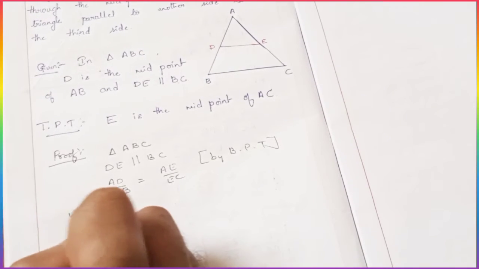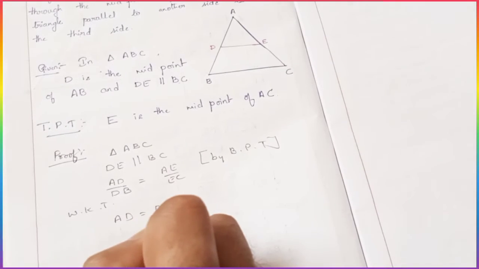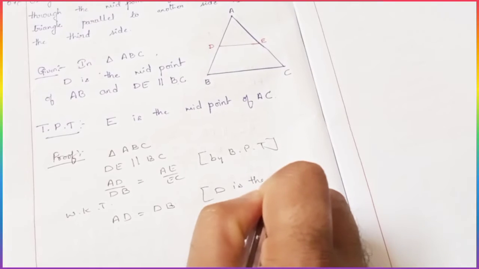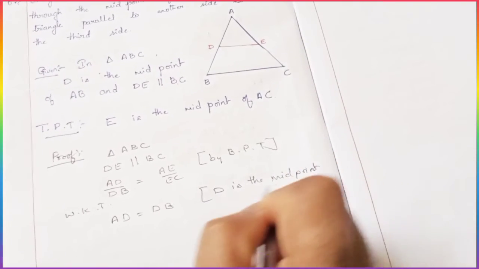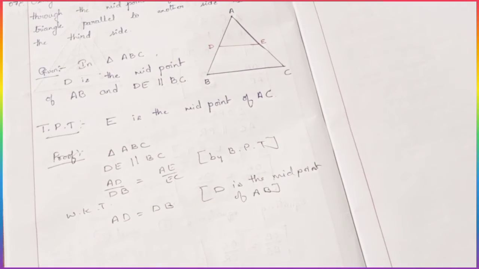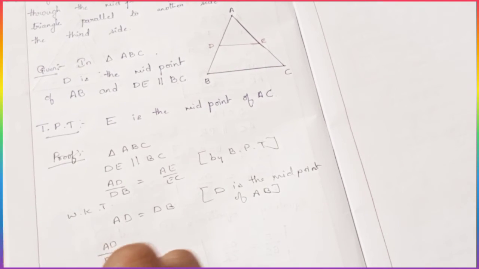But we know that AD is equal to DB because D is the midpoint of AB, as given. So if AD is equal to DB, what will be the value of AD by DB?